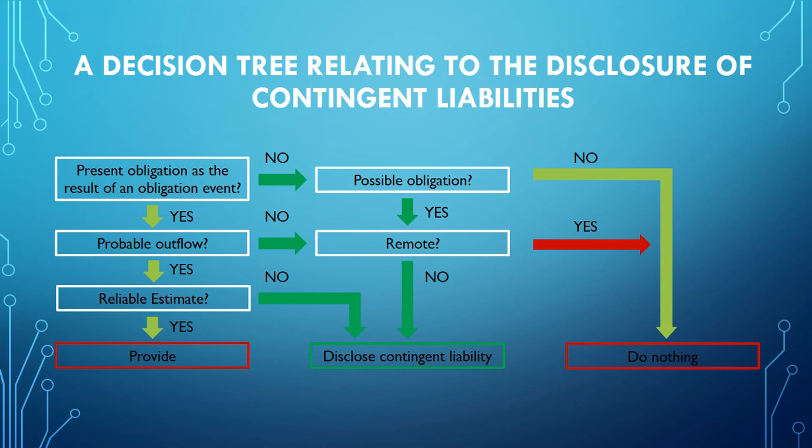It's not completely remote because they may have to pay something. So at that point in time, we'll say, okay, let's just disclose this. So we won't raise a provision in our financial statements. We won't put a value in our notes, but we'll put a disclosure note to say that, look, this elderly lady has come to us and she's claiming 20,000 Rand from us. So that in our shareholders' report, they can understand what's happening in our company.